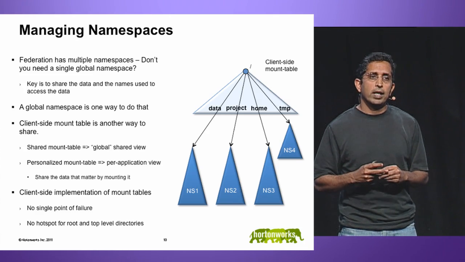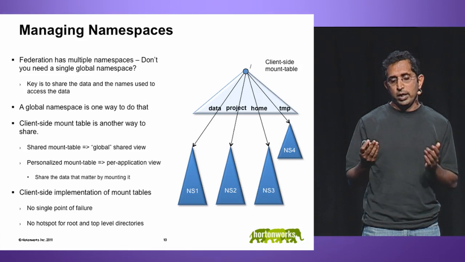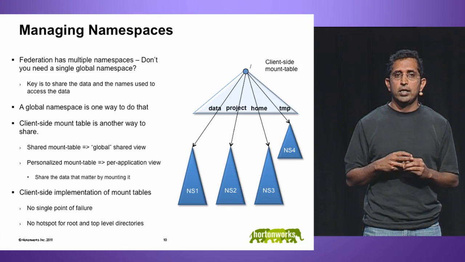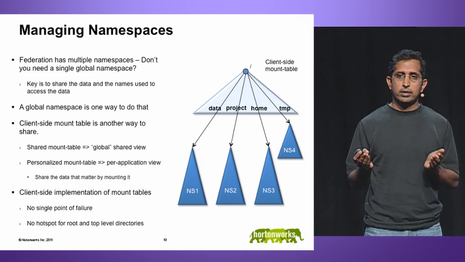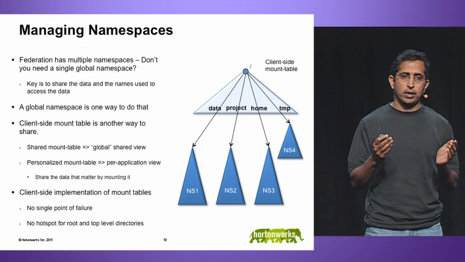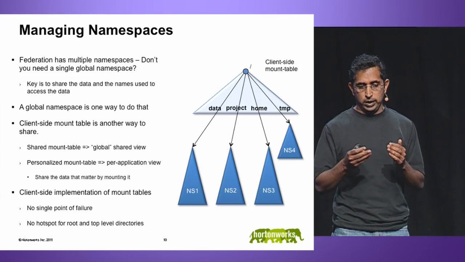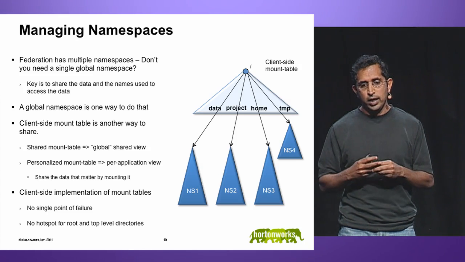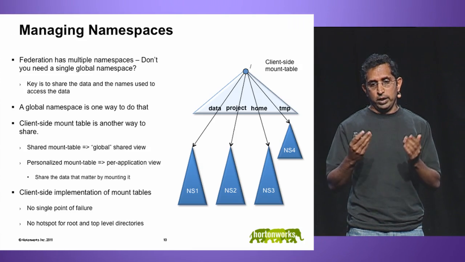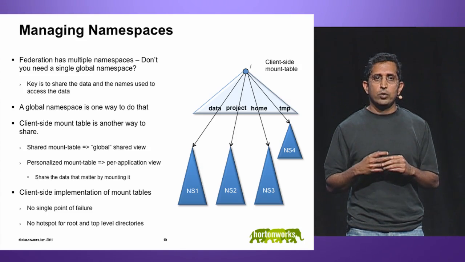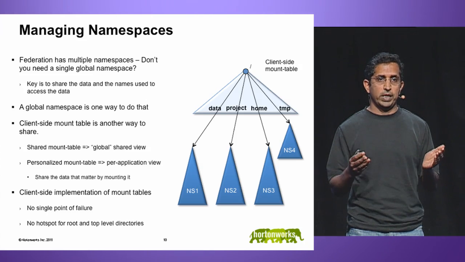Here, what we have done is a much simpler approach, and this is available on the trunk: we have introduced client-side mount tables, which is a special file system. You can use this file system, and what you do is mount the different namespaces. In this case, you see 4 namespaces, and they are mounted using client-side mount tables to give a unified single view of the cluster namespaces.